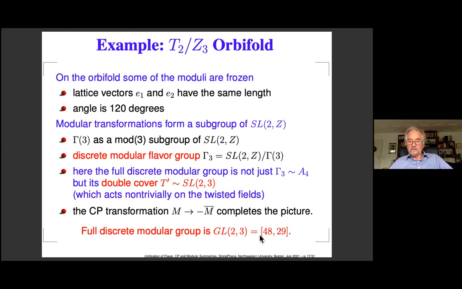So this is a notation according to the GAP program, which classifies groups. The first entry here is always the number of elements of the group, and the second one is a number which shows the classification in this program. So that is what we get here.